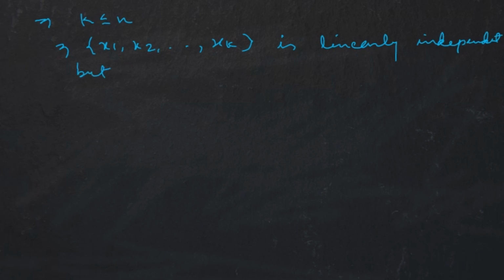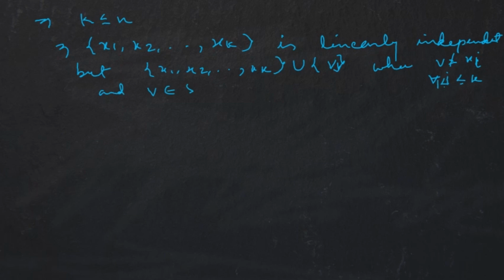But if I consider the set x1, x2, xk union a singleton set v, where v is not equal to xi for all i, less than equal to k and greater than equal to 1, and v belongs to W, then this set is लीनियरली डिपेंडेंट. ठीक है, हमने ऐसा k चूज करा है कि ये सारे वेक्टर, ये सेट जो है x1 x2 xk, ये सारे वेक्टर्स तो लीनियरली इंडिपेंडेंट हैं, लेकिन अगर हम कोई और वेक्टर चूज करें तो ये जो नया सेट बनेगा वो लीनियरली डिपेंडेंट हो.